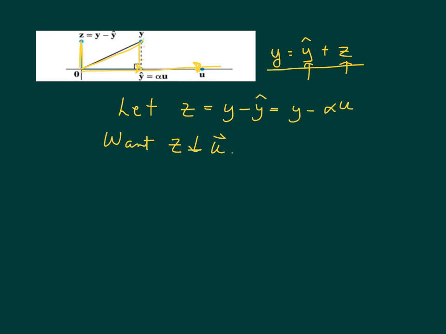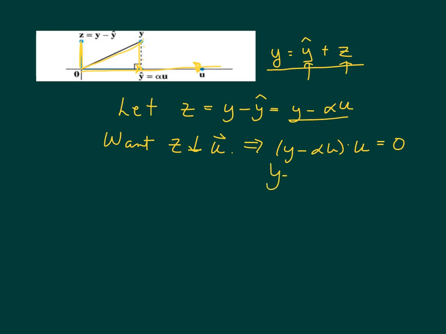All right, so if z is orthogonal to u, where z is y minus alpha u, we can say that y minus alpha times u, dot u, is equal to 0, just by our definition of orthogonal.